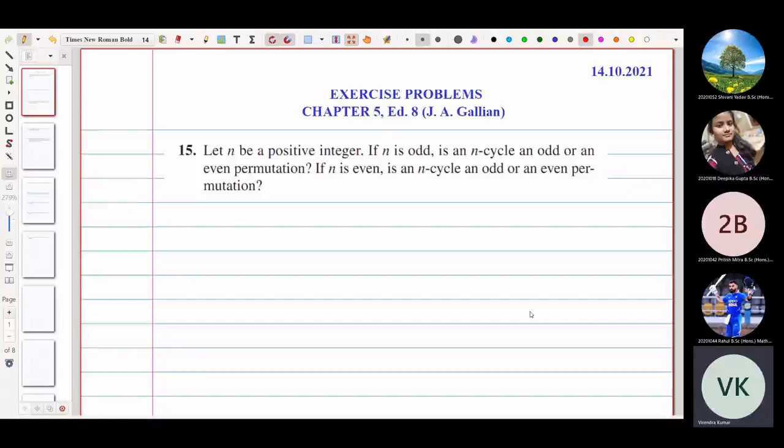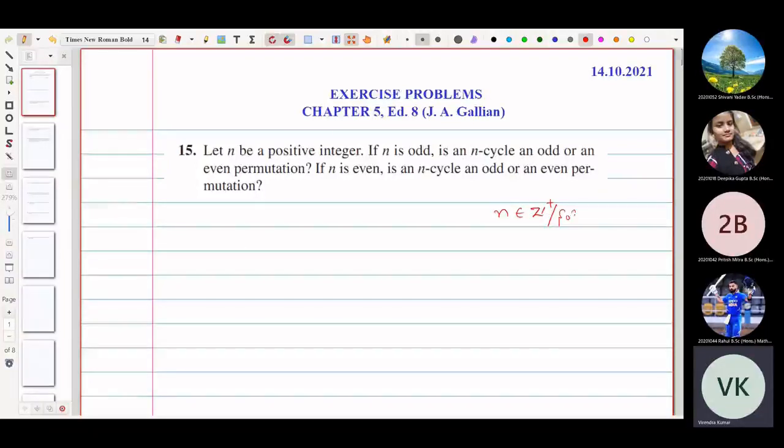Question number 15 is: let n be a positive integer and n is odd. So n belongs to Z plus, and of course 0 is not included here.